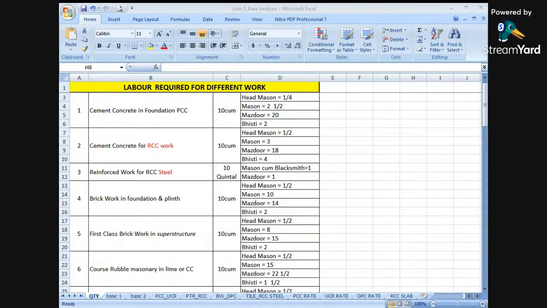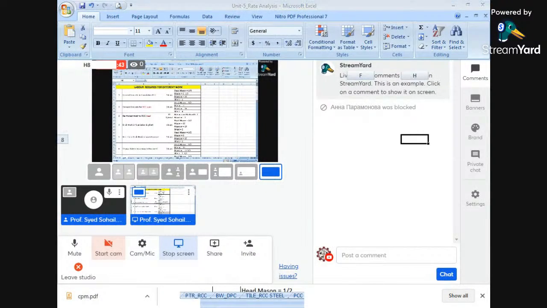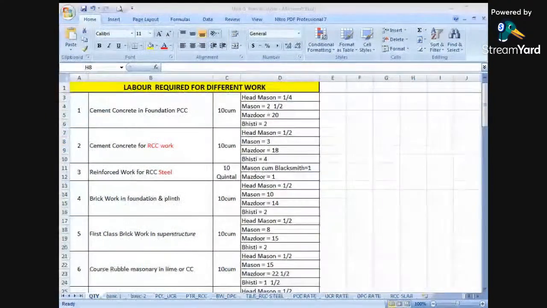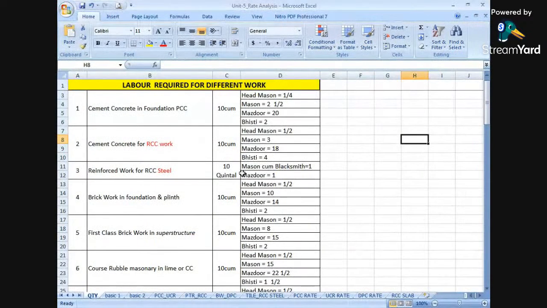In order to carry out 10 quintals, how many masons and head masons are required for the steel work? So for steel, mason cum blacksmith has been required for carrying out 10 quintals, and one Mazdoor we require as one.